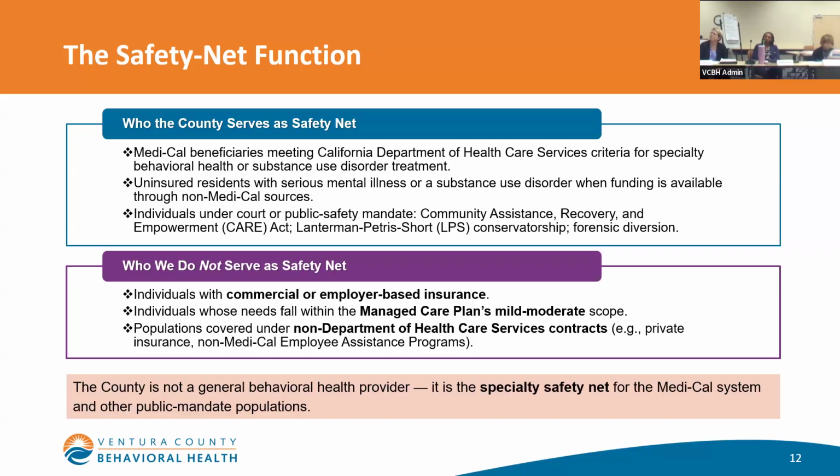Not served under the safety net are individuals under court order or public safety mandates. Those are often commercial insurance or EPP, other managed care, mild to moderate, because they belong to Gold Coast jurisdiction, and also anyone that is non-state DHCS insured.